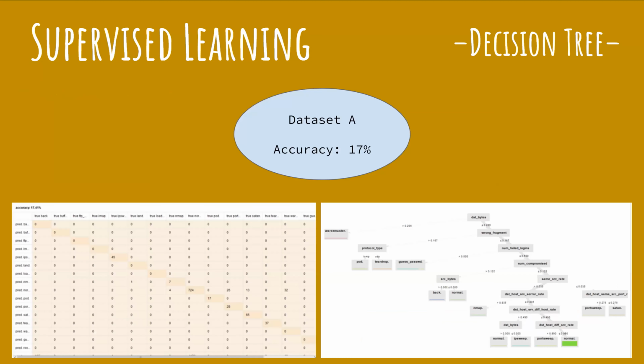With dataset A, I get an accuracy of 17%, and the reason why it's so low is because there are too many classes in dataset A and too few samples to build the model. The decision tree is not good in classification problems with many classes and a small number of training samples.